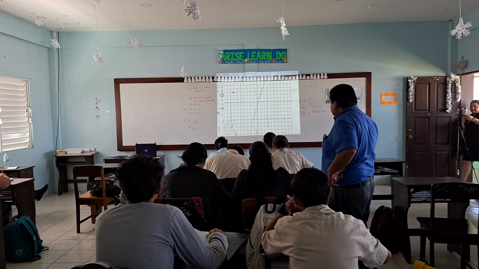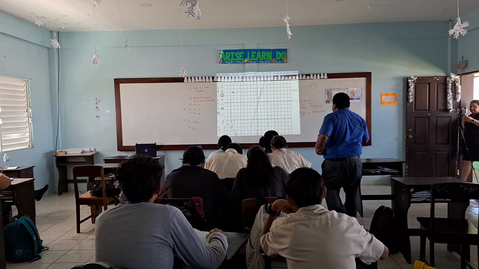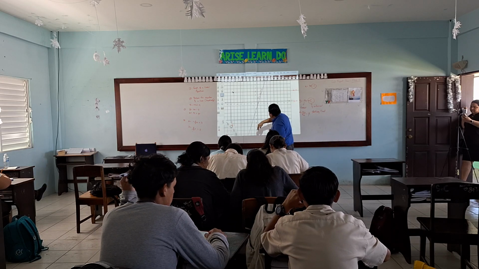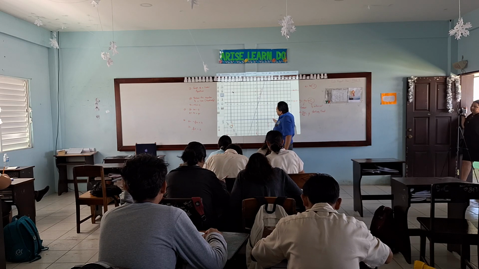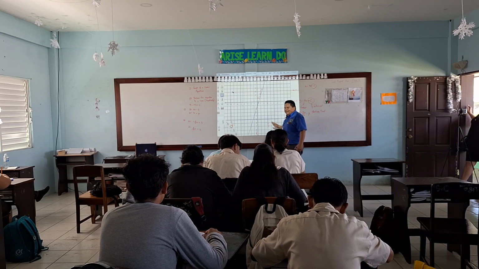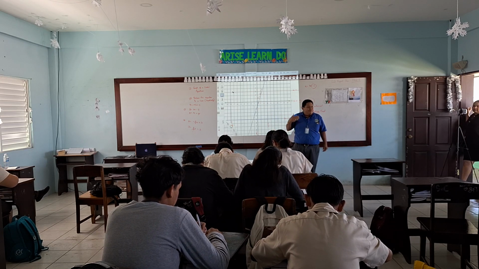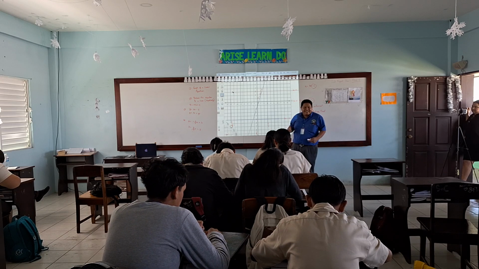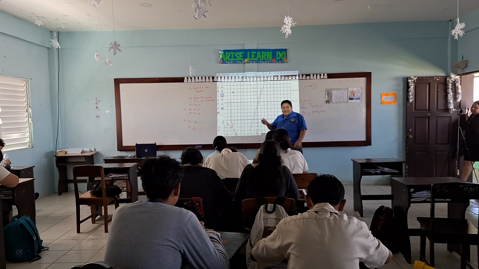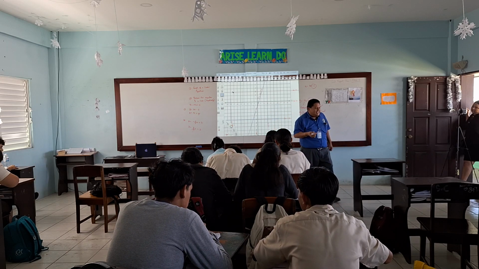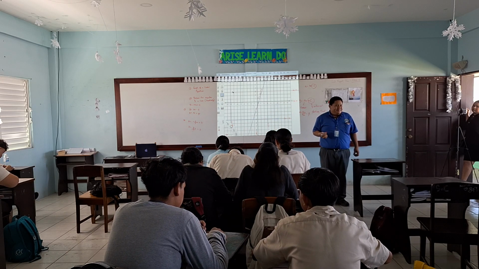And remember, the lines that are slanted like this, they are positive. Lines that are slanted this way, the gradient is negative. So the moment you're sketching your line, and you notice that your line is coming up something like this, and the gradient is negative, that's an indication that you have done something wrong.